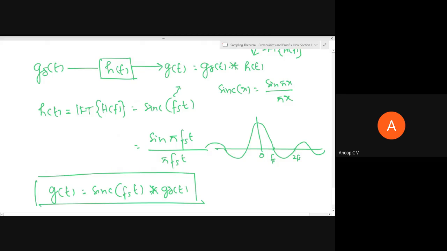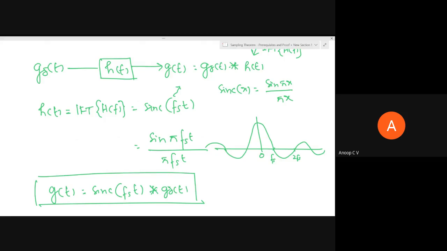More details of reconstructing the signal, and about this sinc interpolation formula, we'll see in the next session. In this session we have seen the sampling theorem. It gives us the ideal sampling rate.